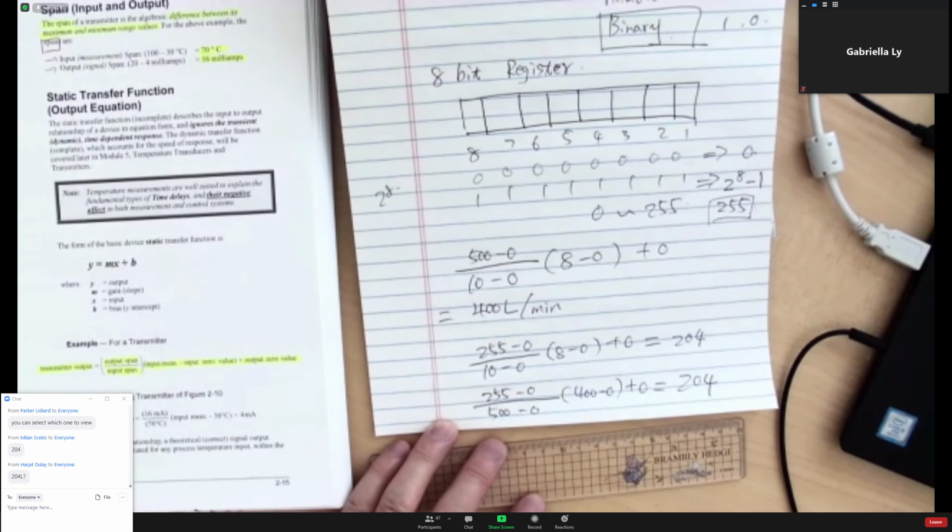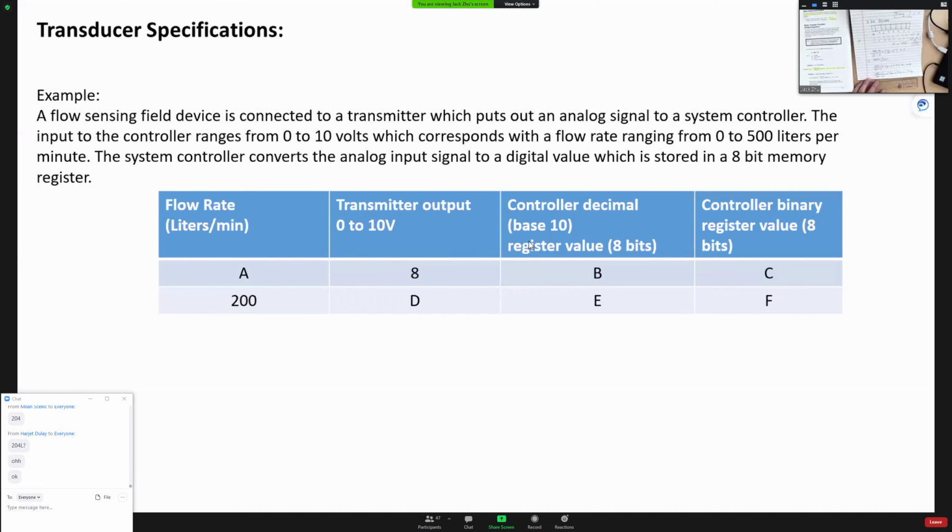Now, this will be the decimal number we're going to store in here. Then we can find the last one. So that's B, it's 204. A is 400, B is 204.